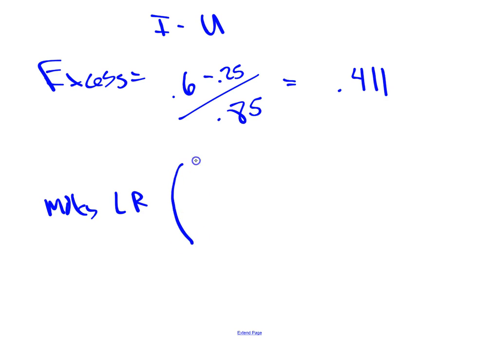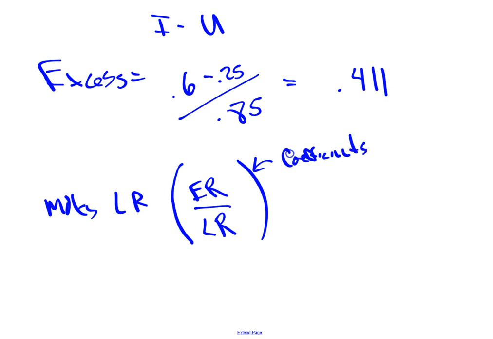And then we multiply it by the ratio of your excess reactant and your limiting reactant. Now, these ratios are the coefficients. And that will always tell me the amount that I used. Okay? So I did that process.